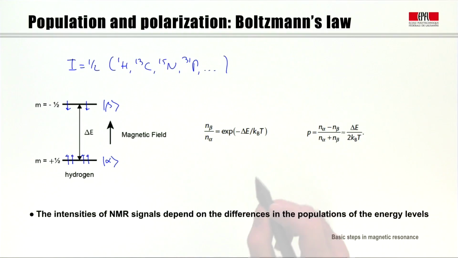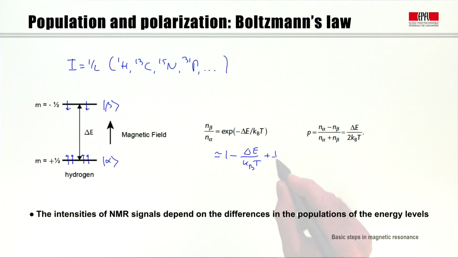Now, because the argument is a very small number, we can replace this exponential function by a simple delta E over Kb T, and we can neglect higher terms such as this one here, which would read delta E squared divided by Kb T squared. So we can neglect this term.